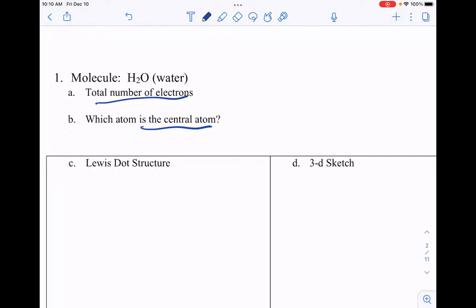To determine the number of electrons, you're looking at the group number for each element. We have hydrogen and we have oxygen. The group number for hydrogen is 1, and there are 2 hydrogens, so we're going to multiply that by 2. And then the group number for oxygen on the periodic table is located where? What group?